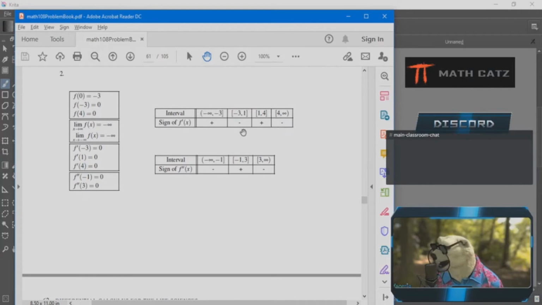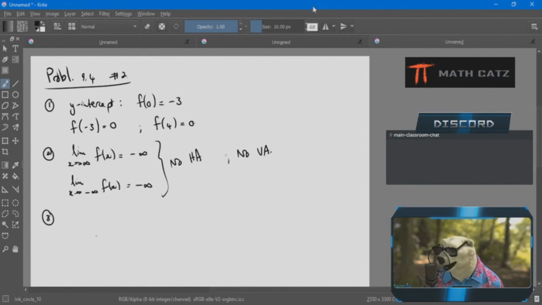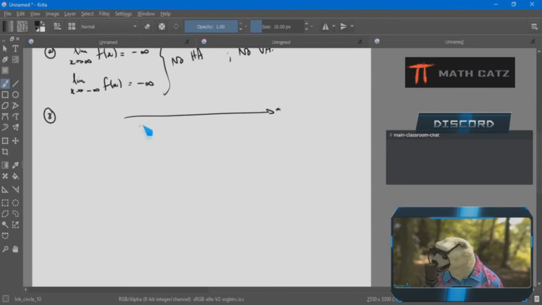So now I'm in the increasing-decreasing behavior step, and I need to see that table. I like to copy the table, make it look more familiar. So let's do that. There's my number line. They don't show me the detail, but they tell me I need to split this up according to -3, 1, and 4.